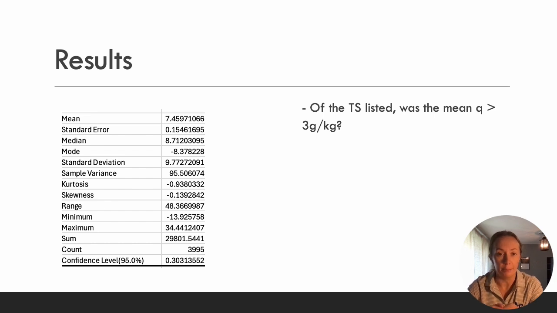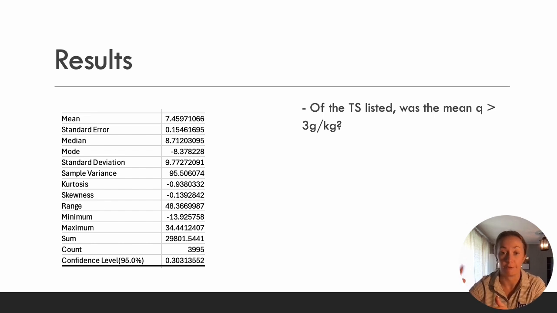All right, so another thing I wanted to see is, of all of the thunderstorms reported in the METAR, if we just took those specific humidities, was the mean of those specific humidities greater than 3 grams per kilogram, which is the standard for determining if there's a dry line?